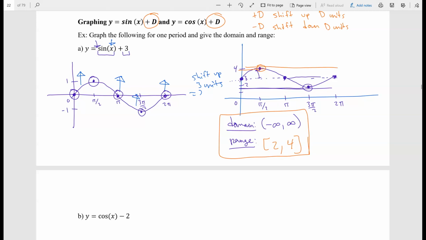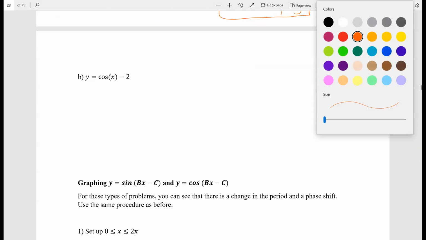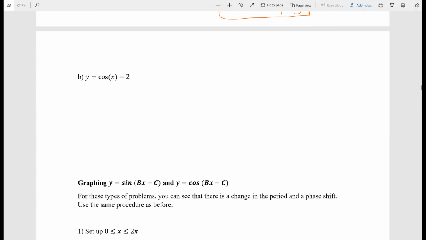Okay? And now let's do this last problem. y equals cosine of x minus 2. So let's start off with the cosine curve. So 0, pi over 2, pi, 3 pi over 2, 2 pi.